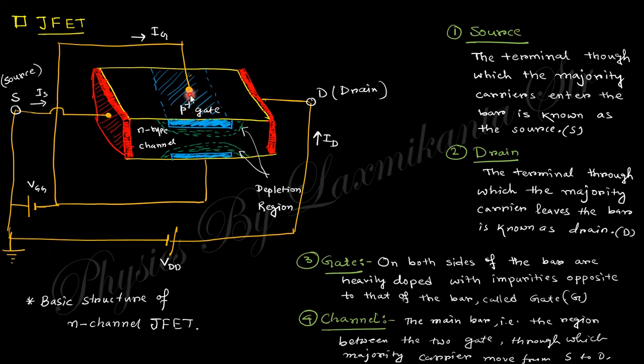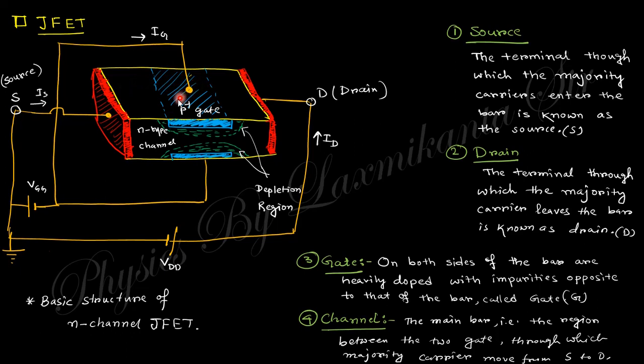So this region is p plus, this is the n channel, and these two are electrodes, and there is a junction also.